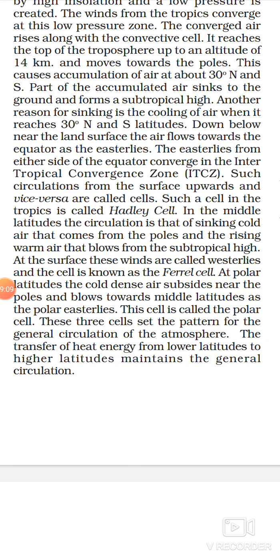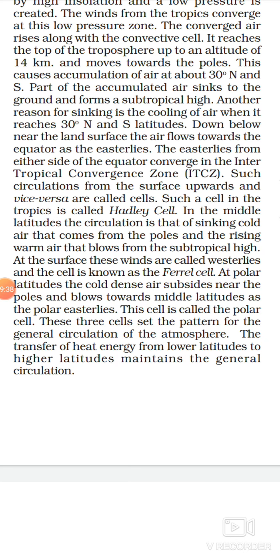These three cells set a pattern for the general circulation of the atmosphere. The transfer of heat energy from lower latitude to higher latitude maintains the general circulation. So these are the three media of wind blow in the polar, equatorial and subpolar areas.